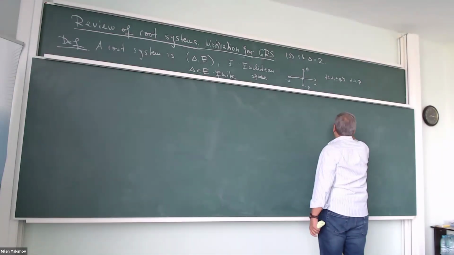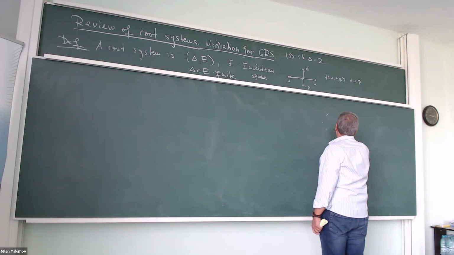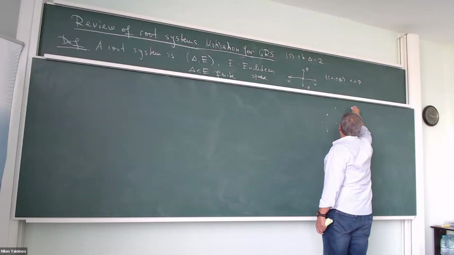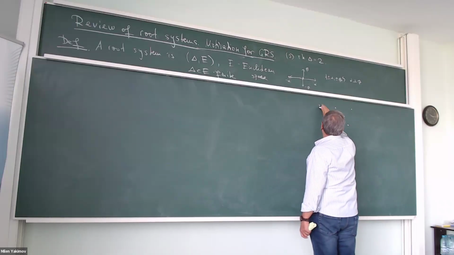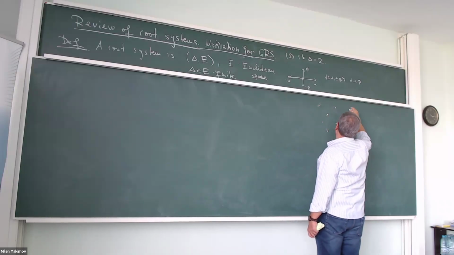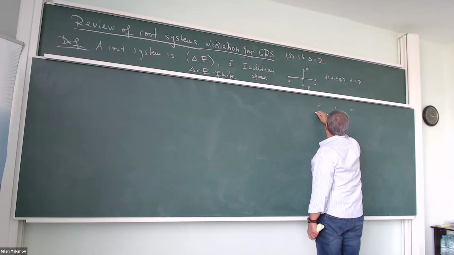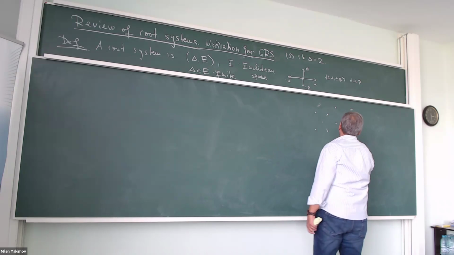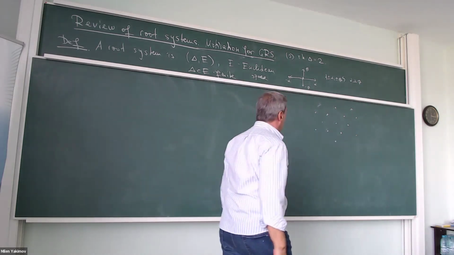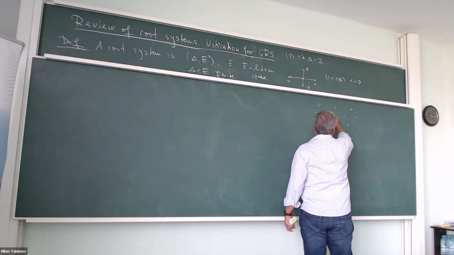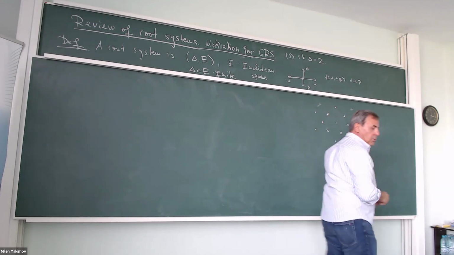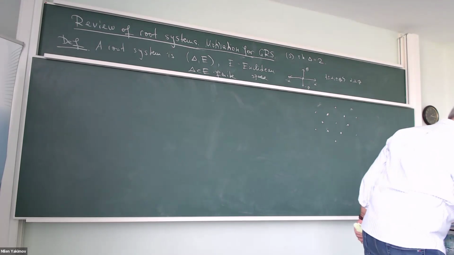So what you do is you do an A2, which is this one, the hexagon, and then within the hexagon you put, I'm screwing it up now. You put a bigger hexagon. So you have the smaller hexagon here, and outside you make a bigger hexagon.